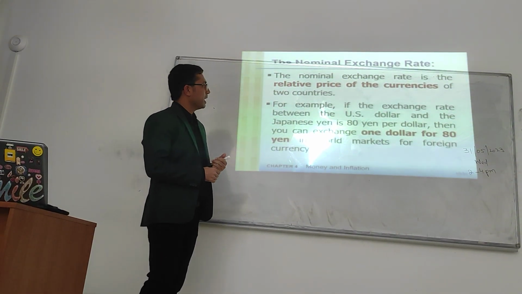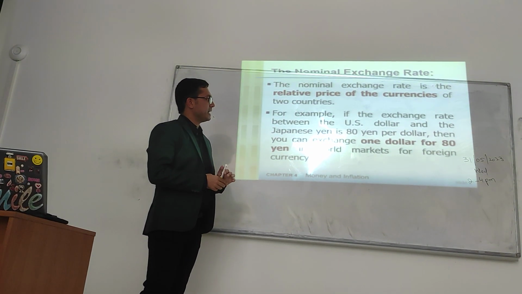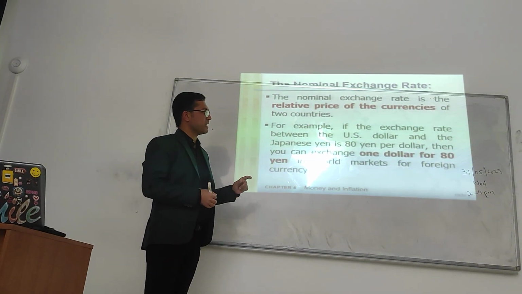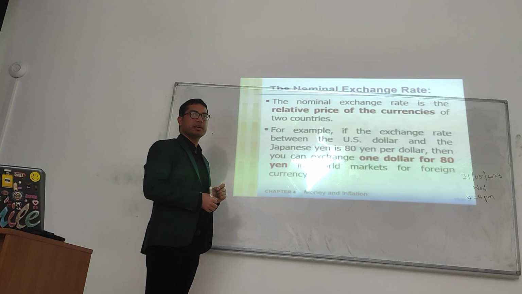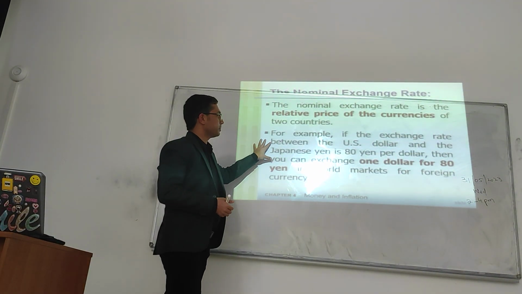For example, if the exchange rate between the US dollar and the Japanese yen is 80 yen per dollar, then you can exchange $1 for 80 yen in the exchange market. Look at here.